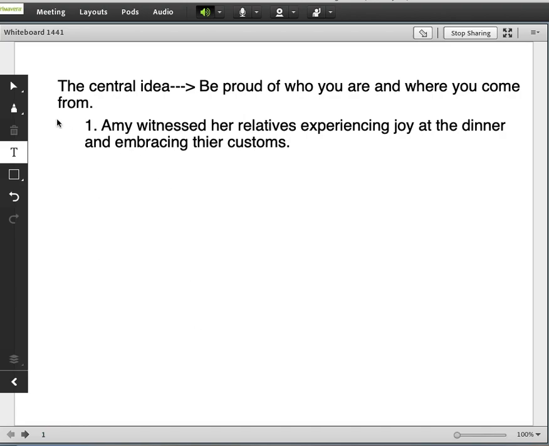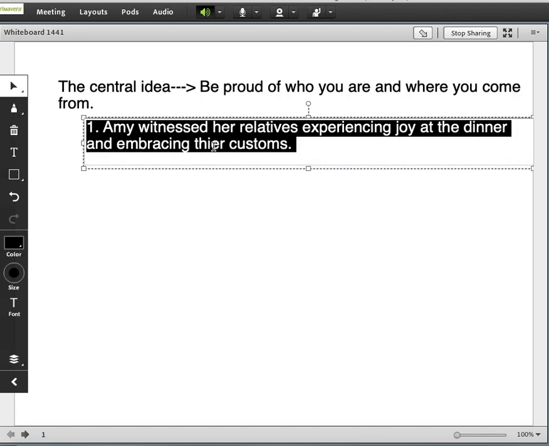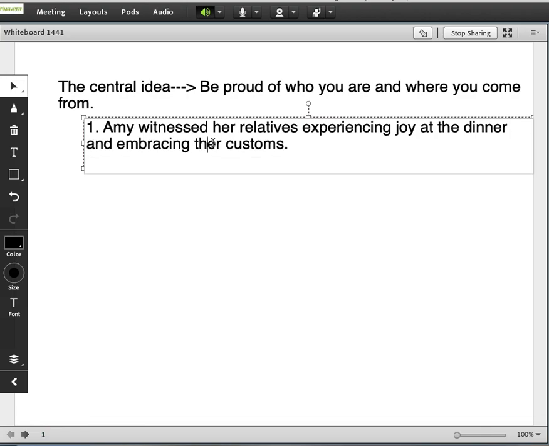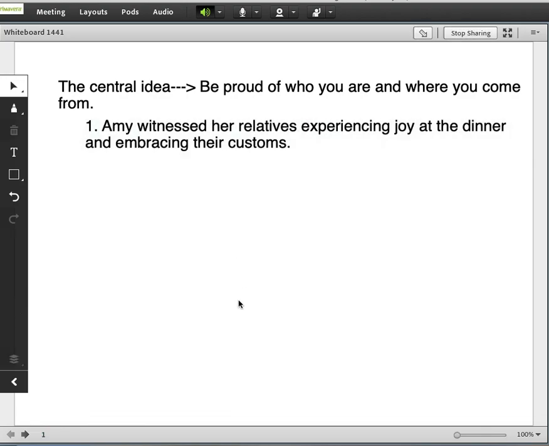Oh goodness, I just see with my typing, I did not get that right. Okay, so she witnessed her relatives experiencing joy at the dinner and embracing their customs. This is a lesson that she learns by the end of our story. But this is where I can support this concept, if we can see these people taking joy in their customs and experiencing that joy at the dinner, being all together.